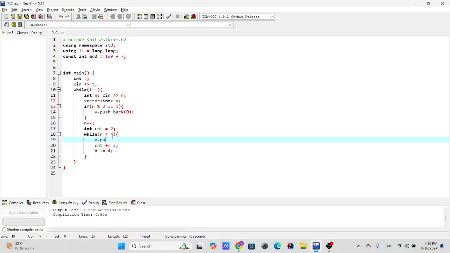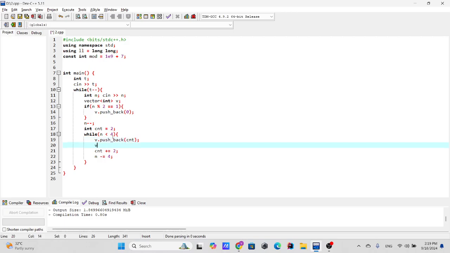Yeah, v.push_back(count) and v.push_back(count plus 1), 2 and 3, right? Okay. All right.